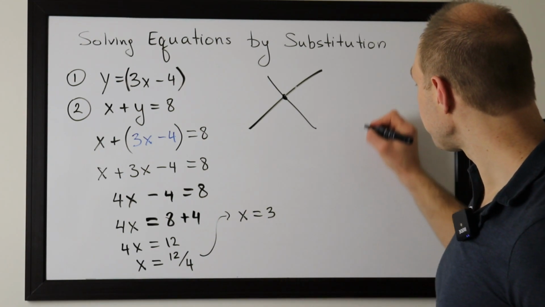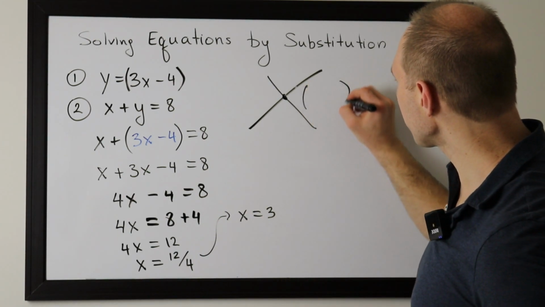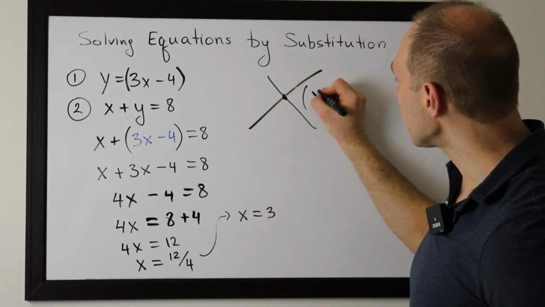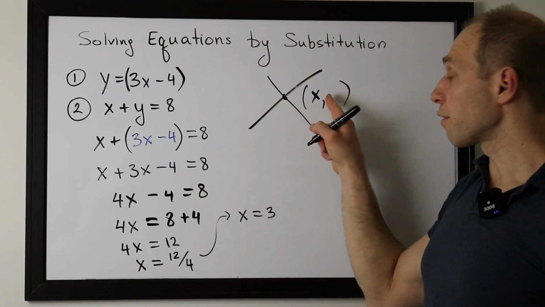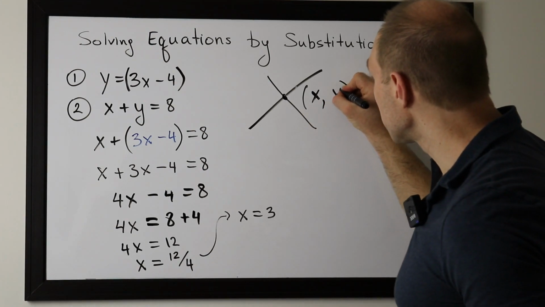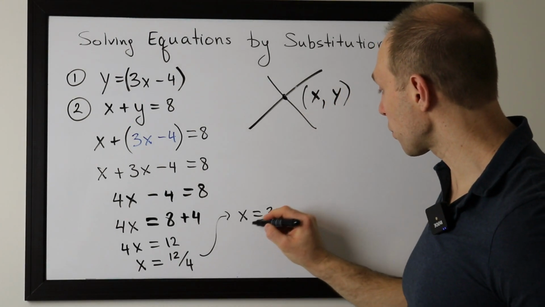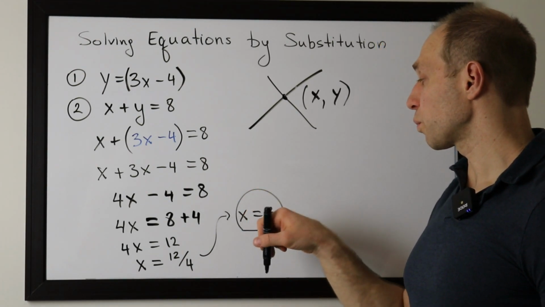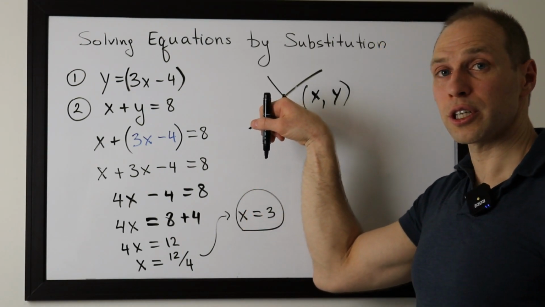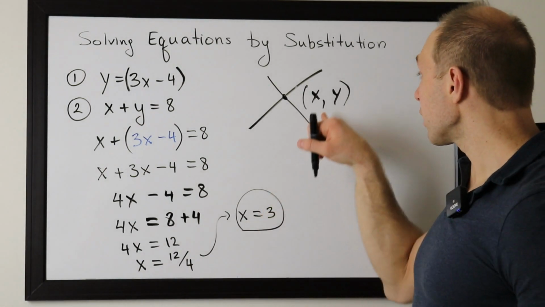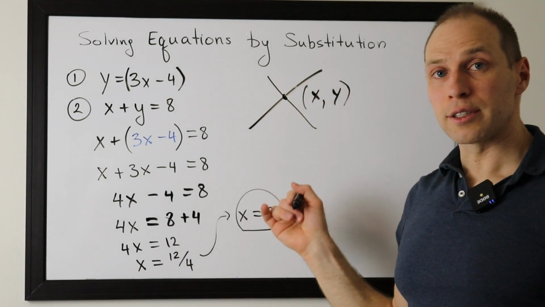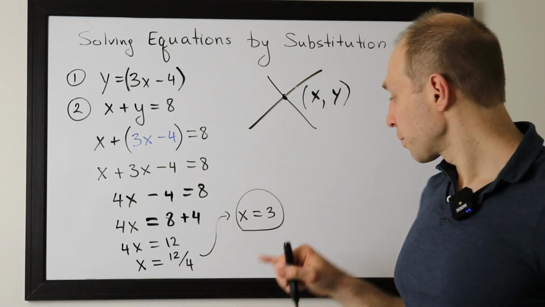The problem is that when we're solving for a point of intersection, not only do we need a horizontal position, we're also looking for a vertical position, which is the letter y. So now we can take this coordinate, because it's the point of intersection for both lines, and apply it to either one of those lines, and your answer will still be correct.